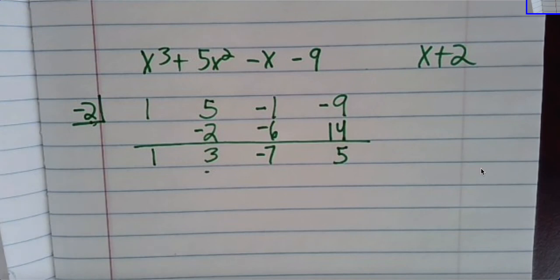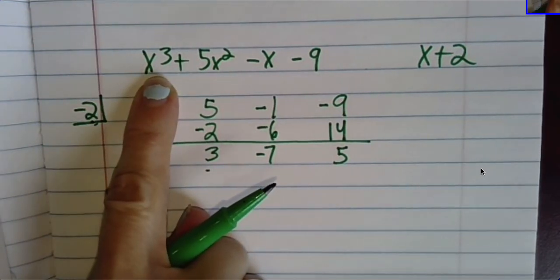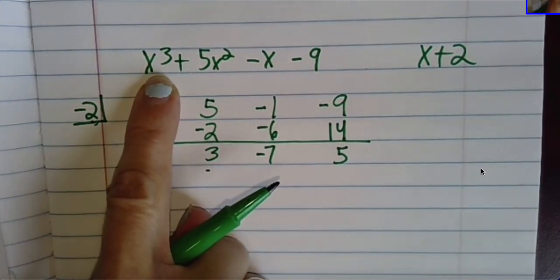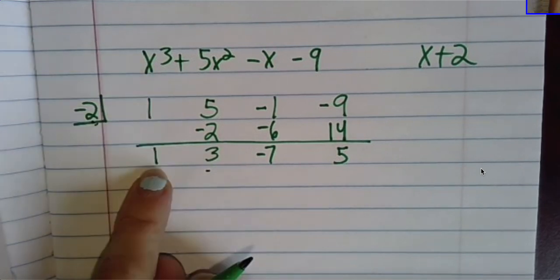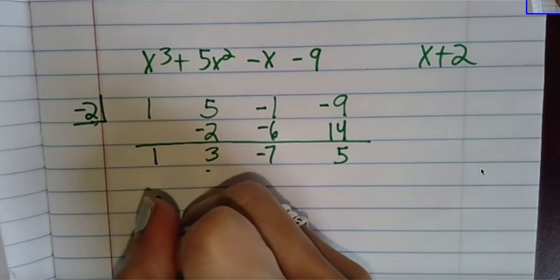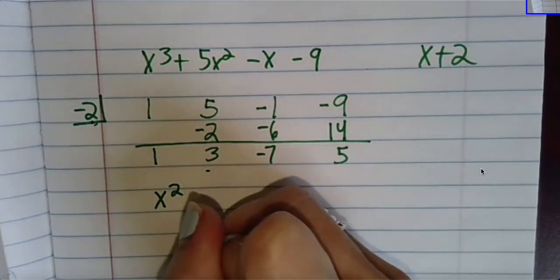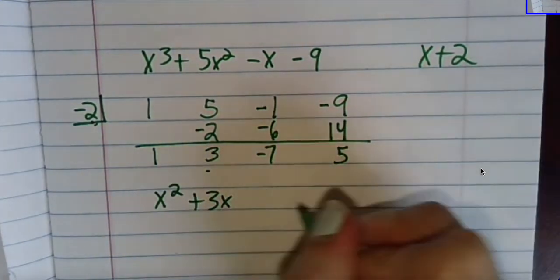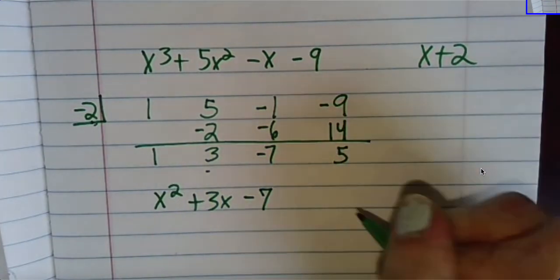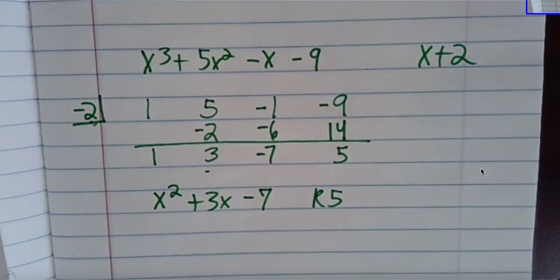And I'm done. If I start with an x to the third, it has to go down by 1 because we basically factored one of them out. So we have 1x squared plus 3x minus 7, and what's my remainder? There's our answer.